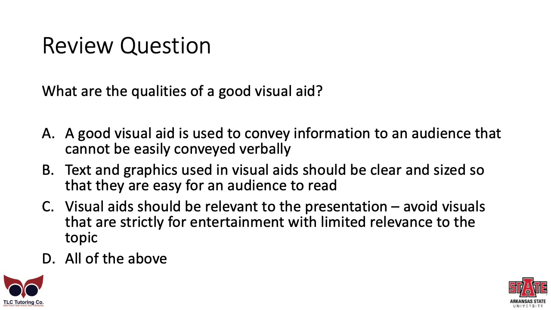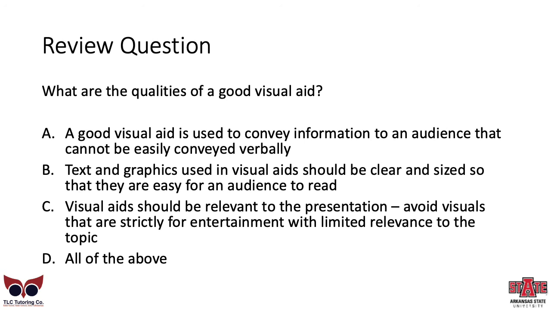All of the above. A good visual aid is used to convey information to an audience that cannot be easily conveyed verbally. It's important to remember that text and graphics in visual aids should be clear and sized so that they are easy for an audience to read. Just a tip for when you start teaching this, it's very important to show students that text over graphics is hard to read from a distance.